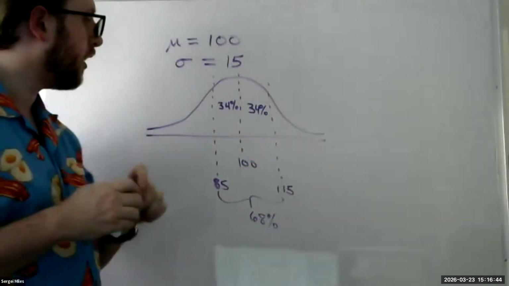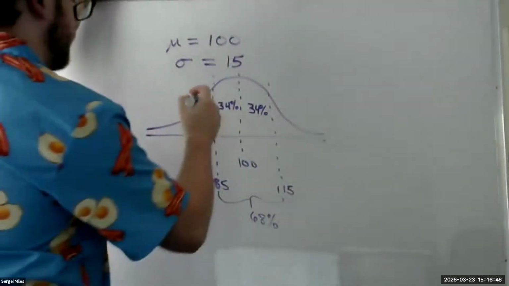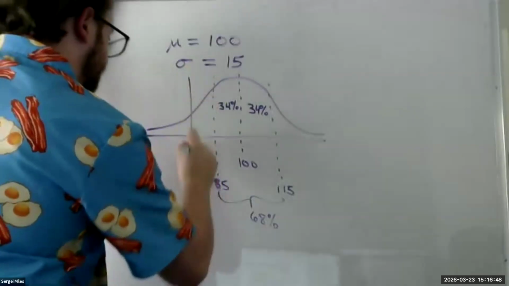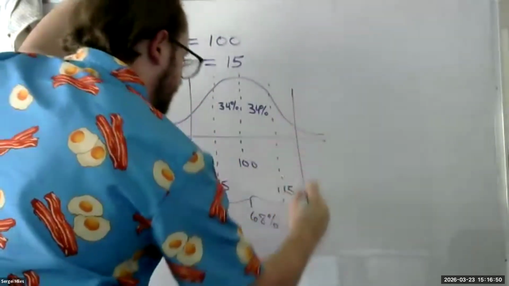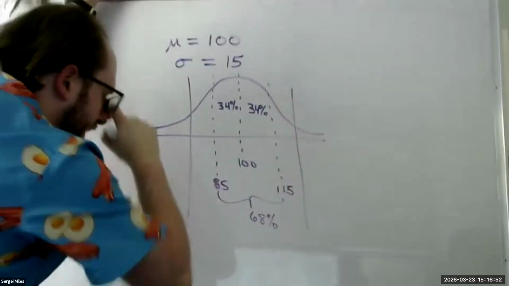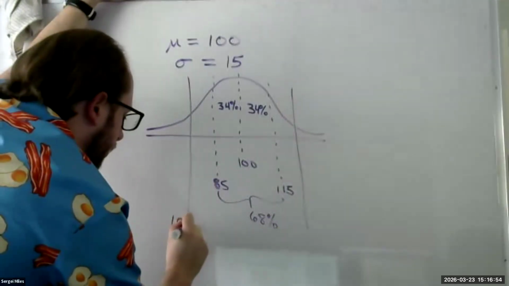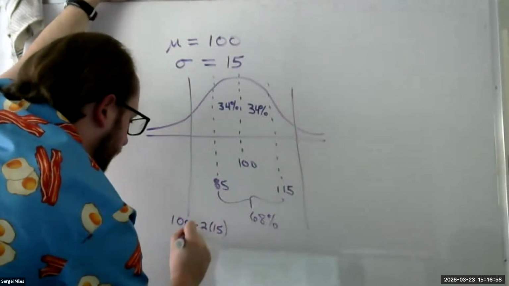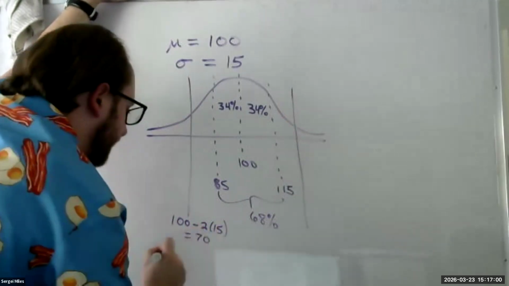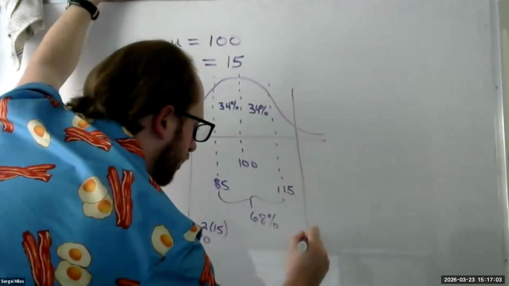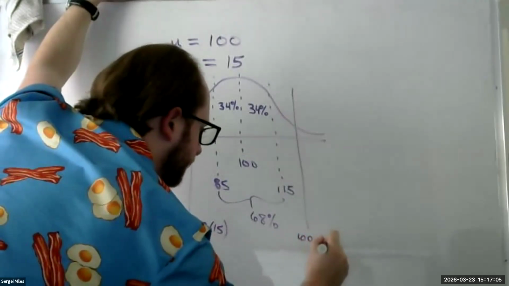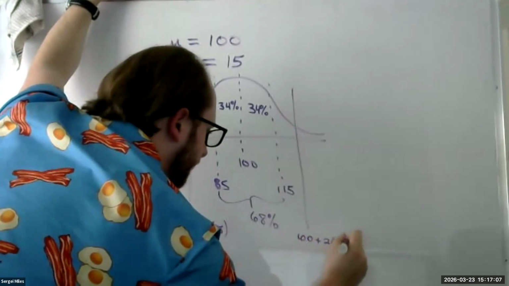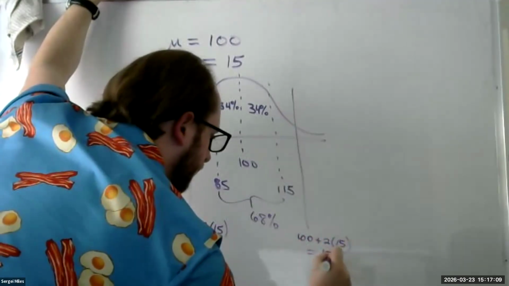All right. If I go out 2 standard deviations, that would be 100 minus 2 times 15, a lower bound of 70, up to 100 plus 2 times 15, which gives us 130.